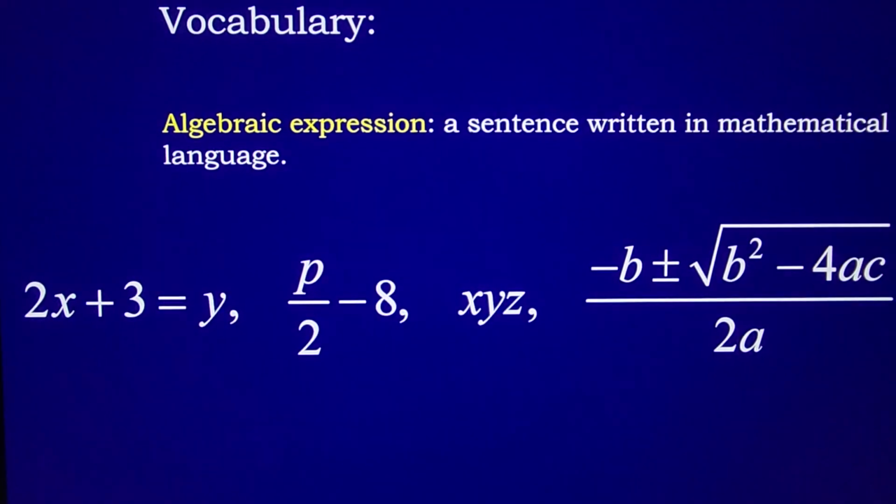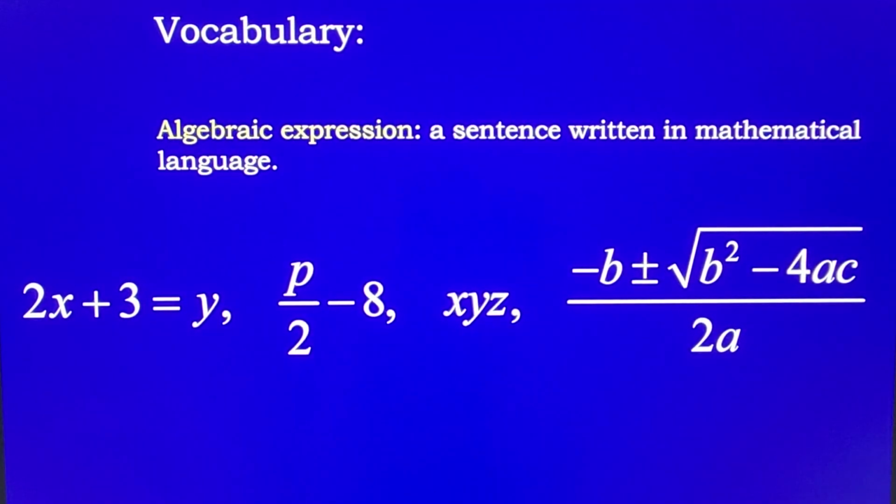Algebraic expression. An algebraic expression is a sentence written in a mathematical language. For example, 2x plus 3 equals y. That's an algebraic expression. P over 2 minus 8. That's an algebraic expression. xyz is an algebraic expression.